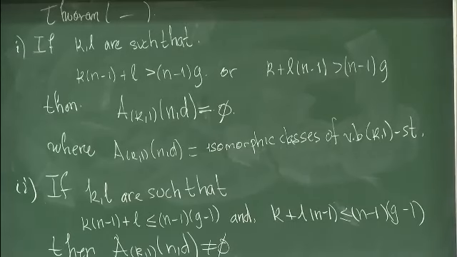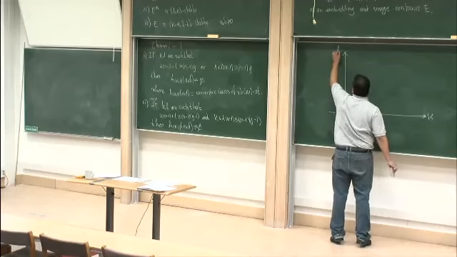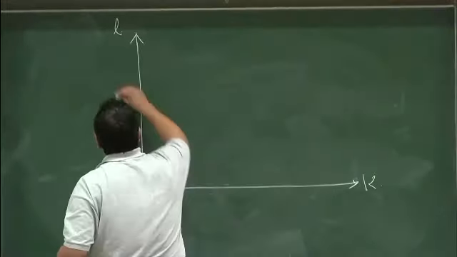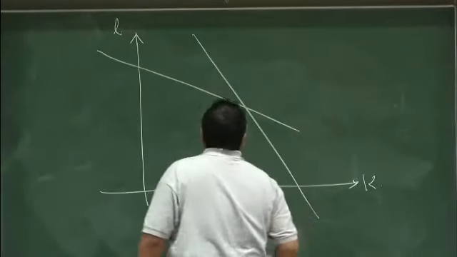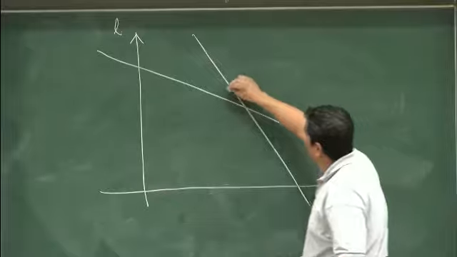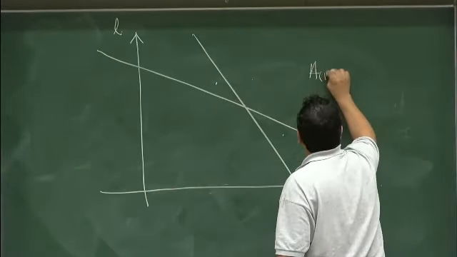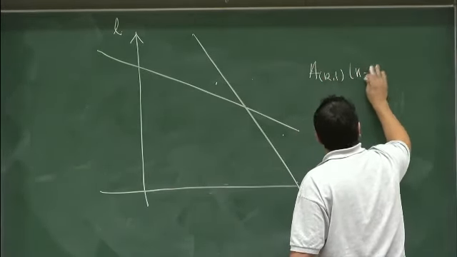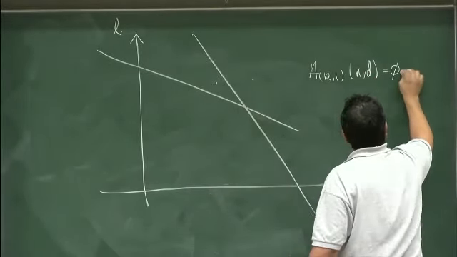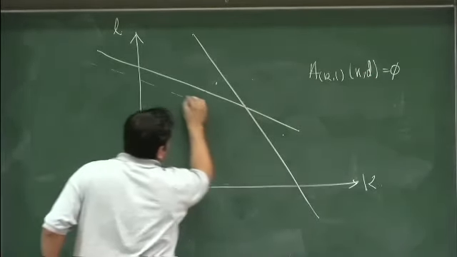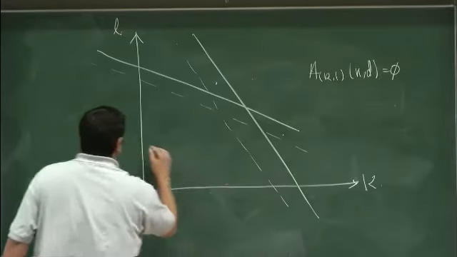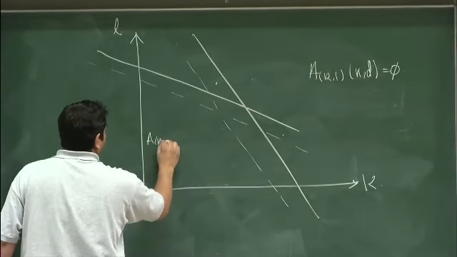And I can draw a picture where, if I take K and L in this case, then the theorem says that I have two lines where, for every point over the lines, the set is empty, and I have another line where the set is not empty.